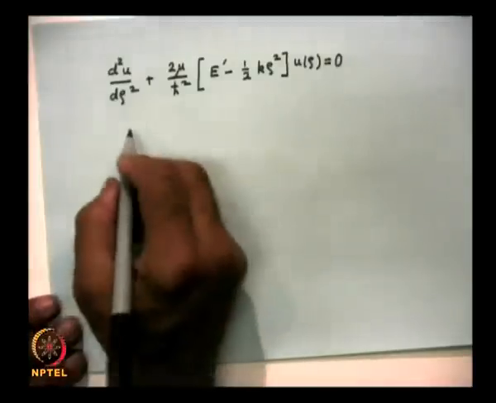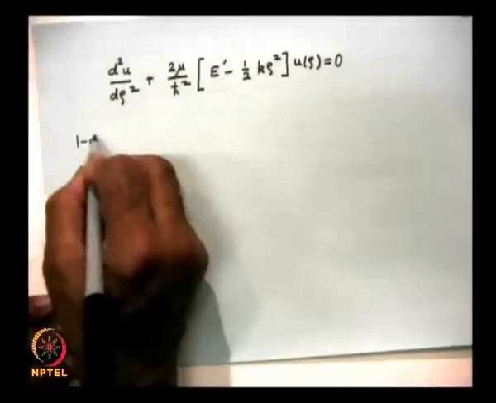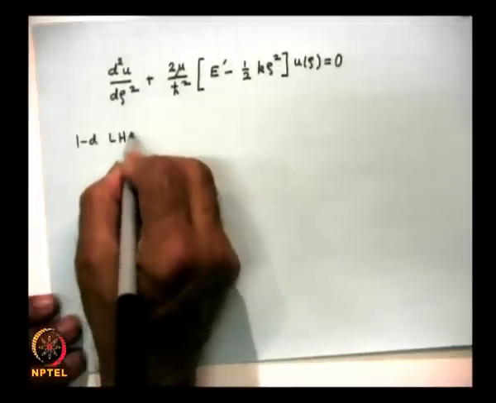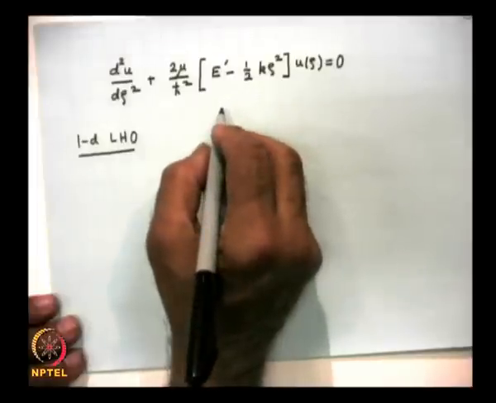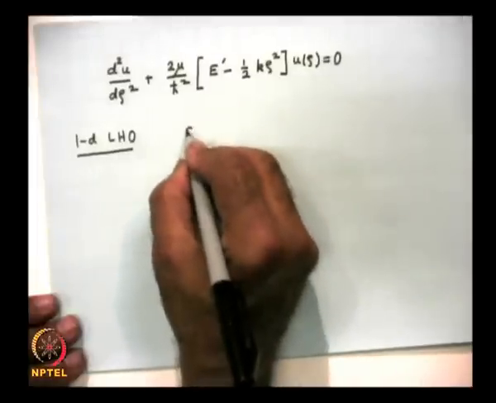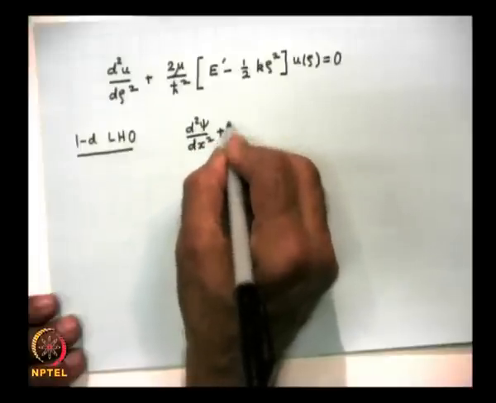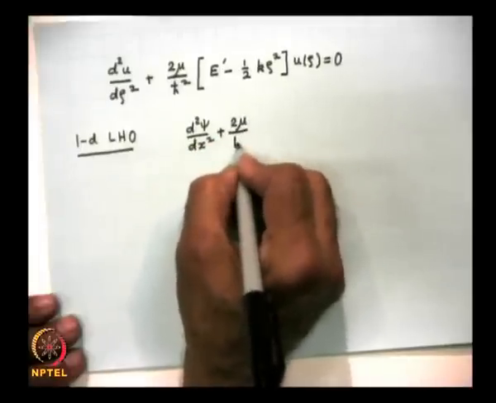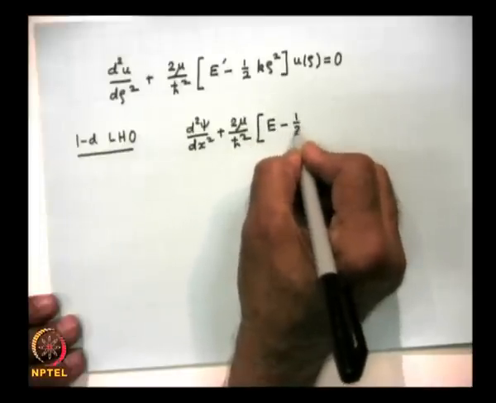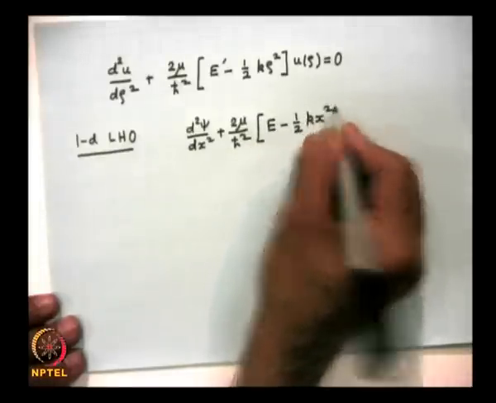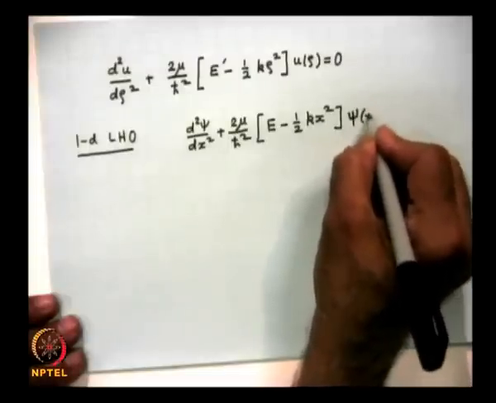Now, if you recall, when we solved the one dimensional linear harmonic oscillator problem, we had d2 psi by dx square plus 2 mu by h cross square, E minus half k x square, psi of x is equal to 0.